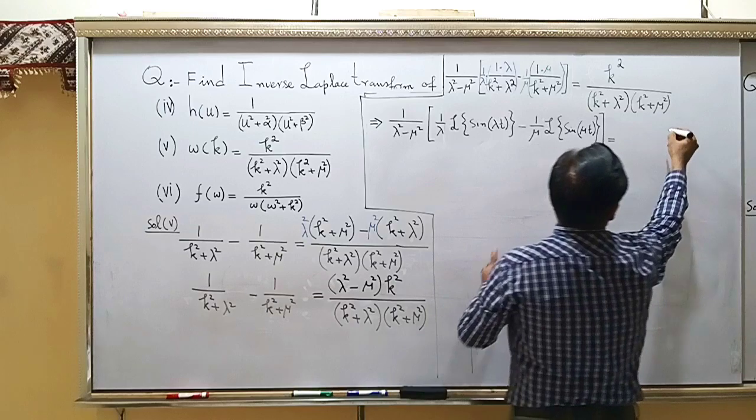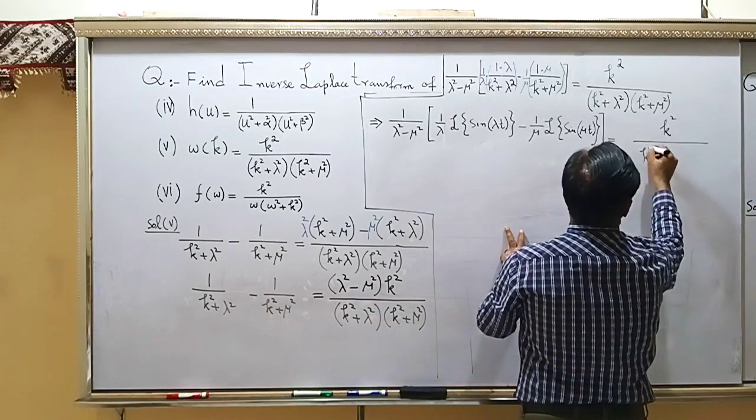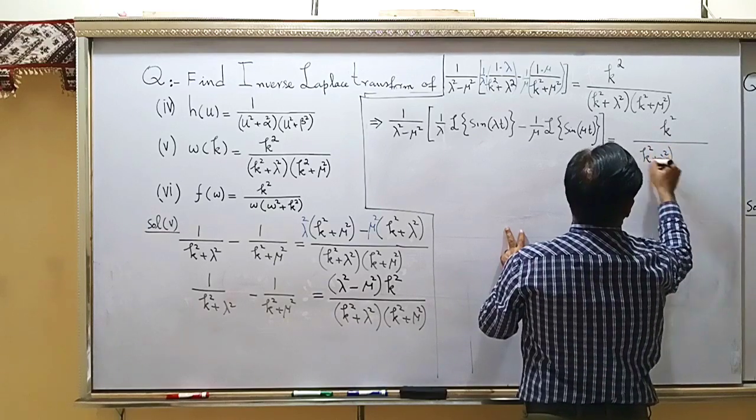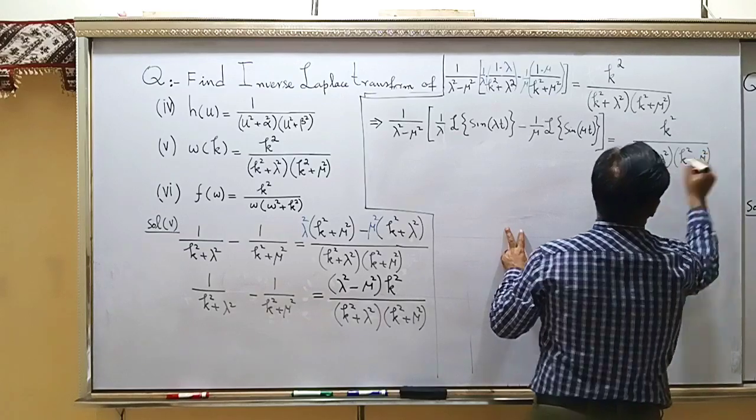And on the right hand side, same thing, no change, k square plus lambda square and k square plus mu square.